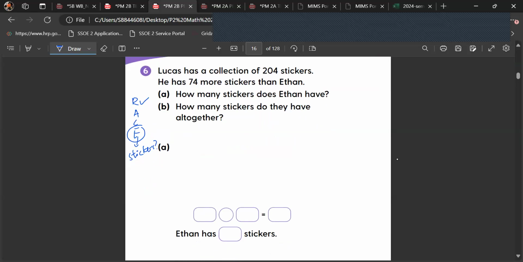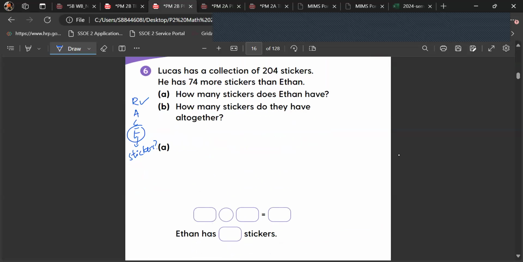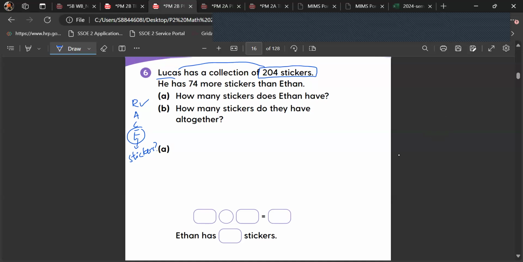First, I see page 8. Have you found it already? Yes. Okay, so now I circle the number together with the units, 204 stickers. I know this refers to Lucas's amount. So I have Lucas. Lucas is 204.